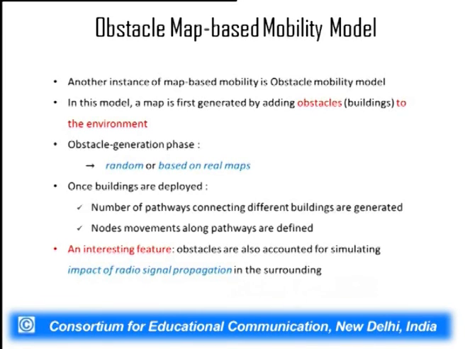The obstacles can be random, or they can be set up according to real maps, etc. A very interesting feature here is that in the obstacle map based mobility model, the obstacles can be intentionally set in a manner to check the impact of radio propagation that we talked about before, how a particular type of propagation is going to work in a given surrounding, to study the impact of it. The obstacle map based mobility model is a very powerful one.